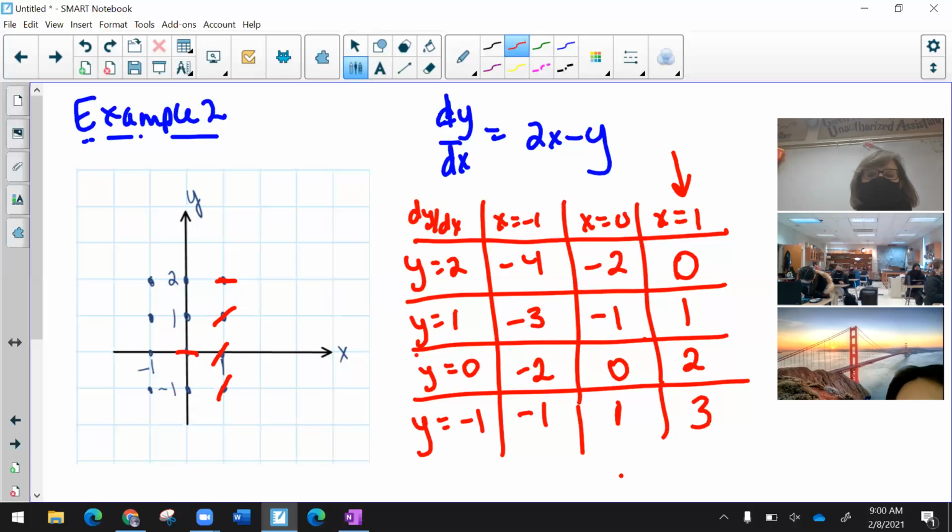I would probably start at the bottom for my x equals 0 column, because at (0, 1) the slope is going to be -1. I can probably draw that pretty well. And then this is going to be -2, so it's going to be steeper.